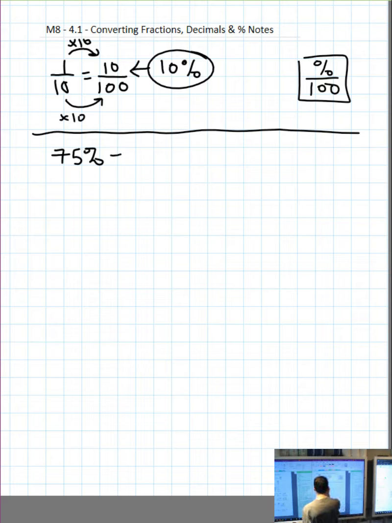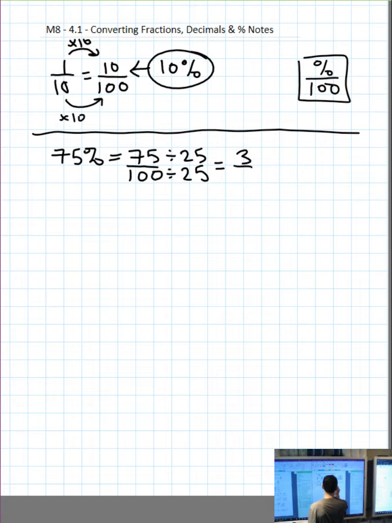So I can just put that number over 100. Now am I finished? No. We need to do fraction simplification, which is a little bit later, but we can introduce it here. And they can both, the top and bottom, be divisible by 25. So I get 3 over 4.